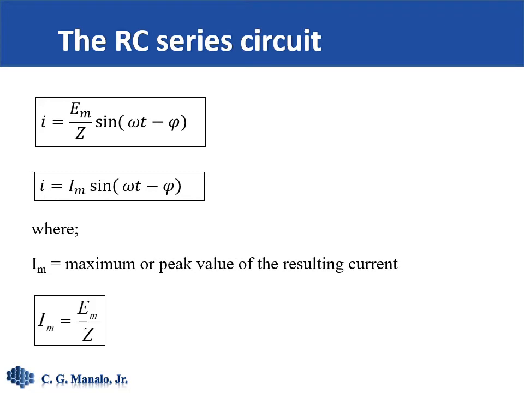So we can write the steady-state response in a simpler manner. So that would be this. And again, we take note that this one is the amplitude of the steady-state response. So let's designate that as I sub m, which has this expression.